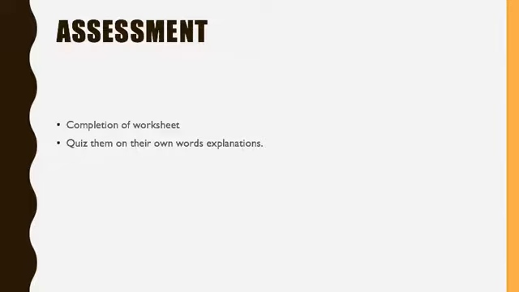And then as we come to the end of it, the way I would assess this, I would assess it on completion of this worksheet. I wouldn't assess it on whether they actually have the right explanation or the right definition for these words, because every student has their own way of remembering a word.